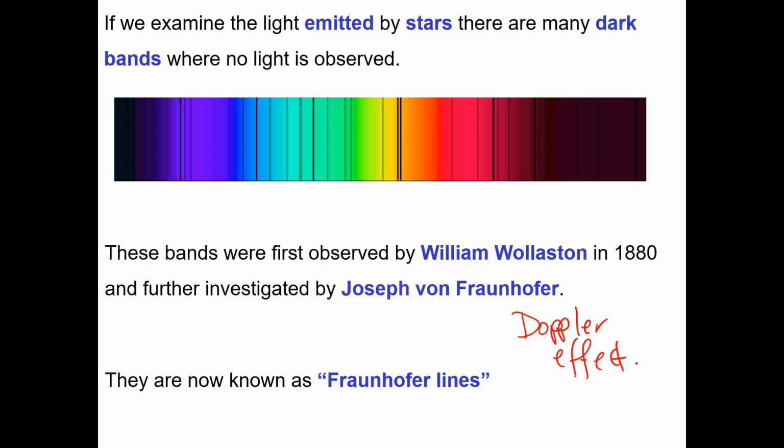So if you look at the light emitted by stars that are quite a way away, what you see is kind of a rainbow, but with a bunch of dark lines where no light is being observed. And these are often referred to as Fraunhofer lines, after Joseph von Fraunhofer, who was studying them in the late 1800s.